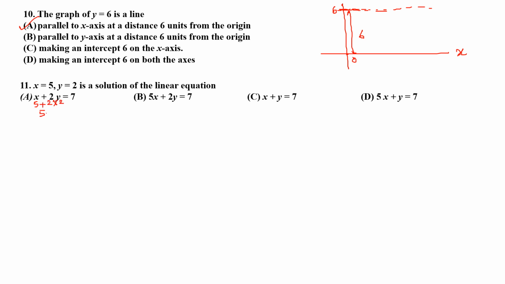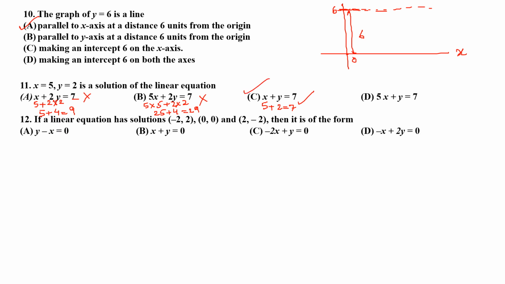So 5 plus 4, you will get 9, but here is 7. So this is not the answer. Next here, 5 into 5 plus 2 into 2. It will give you 25 plus 4, which is 29. Again, this is not the option. Here 5 plus 2, 5 plus 2 is 7. So this is the correct answer. So correct option is option C.